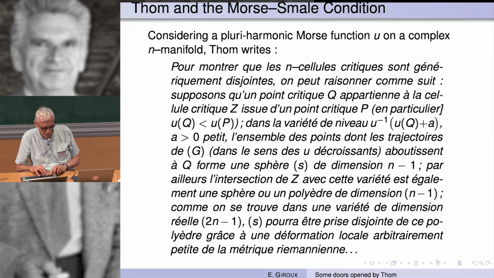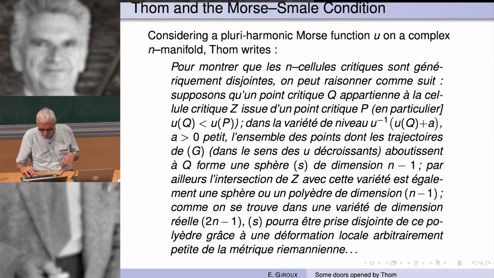then the set of points whose gradient trajectory lands on Q forms a sphere of dimension n minus 1.